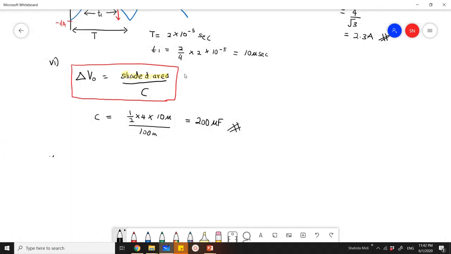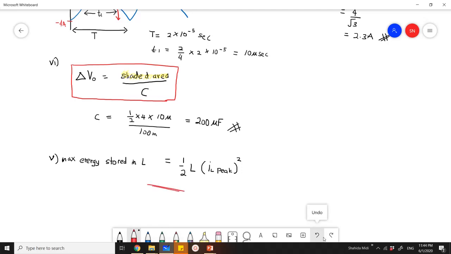And finally, for the last one, the maximum energy stored in the inductor. This one will be equivalent to half L, which we already defined before, IL peak squared. Please remember this equation.